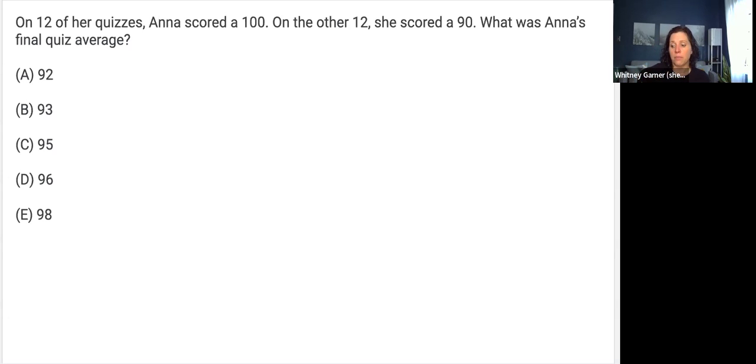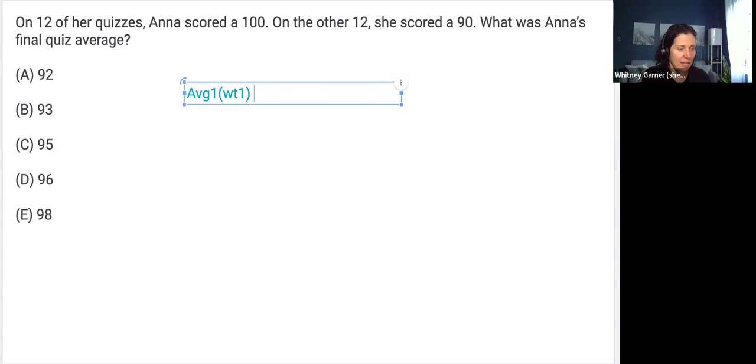Now, if I'm thinking formal math weighted average, it's important that we understand what the weighted average formula is. The way that we would calculate weighted average, formally, would be to take the average of one group, average one, and multiply it times the weight of that group, the size of that group.